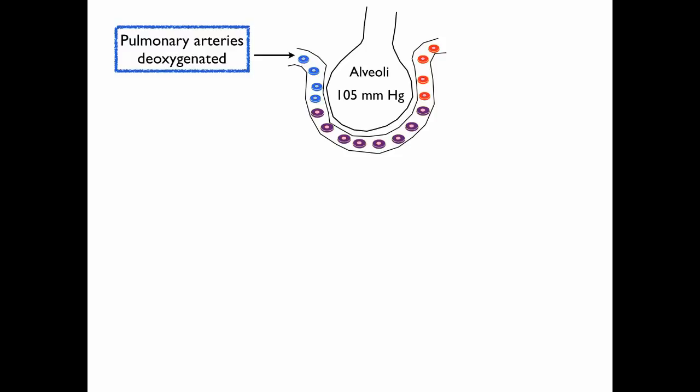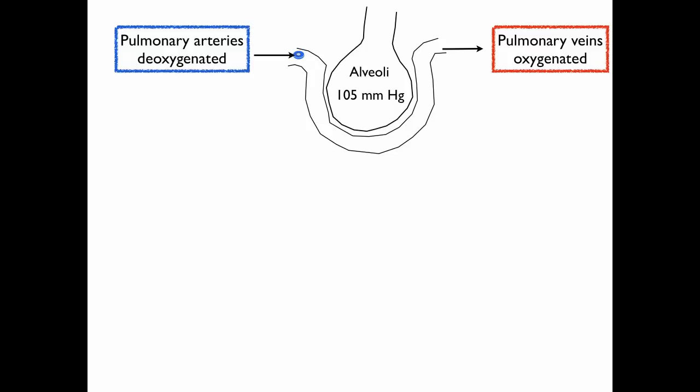Blood arriving at the lung capillaries is deoxygenated, has little oxygen within it. Through gas exchange with the alveoli, the blood leaving the capillaries will be oxygenated. Let's trace a single red blood cell as it enters the pulmonary capillary and receives oxygen from the alveoli. We're going to represent oxygen in this example with green dots. So we're going to see how oxygen diffuses from the alveoli into the capillary.